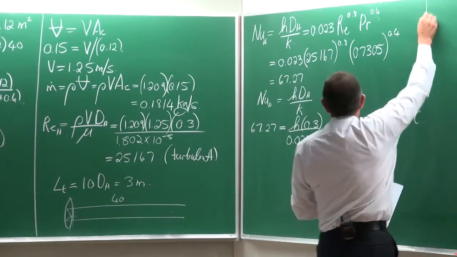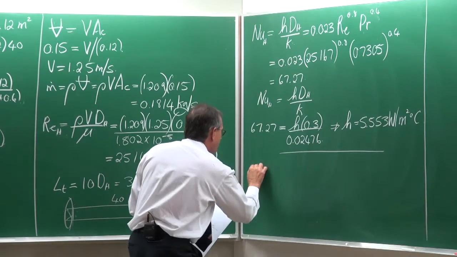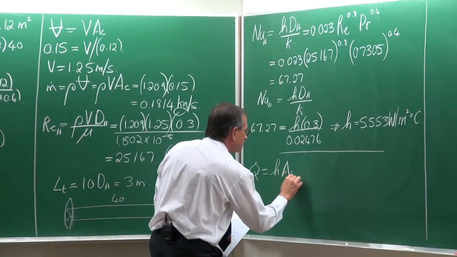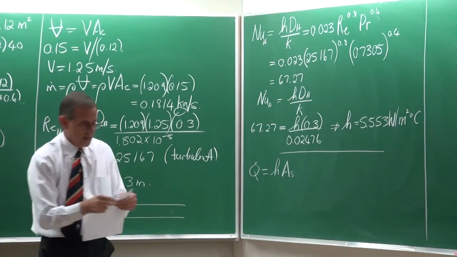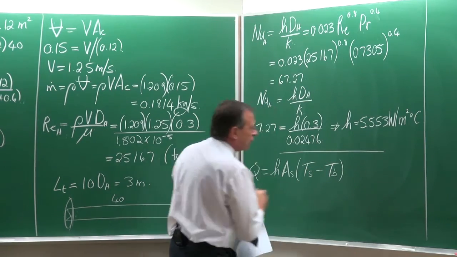Right, now let's calculate the heat transfer rate. So the heat transfer rate is now equal to the heat transfer coefficient multiplied by the surface area multiplied by Ts minus T bulk.